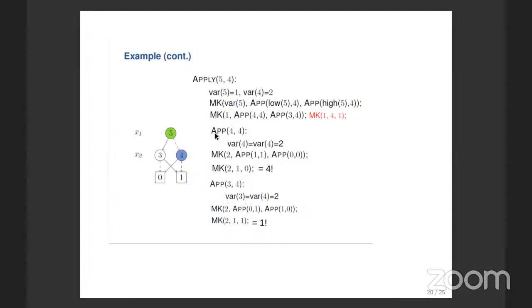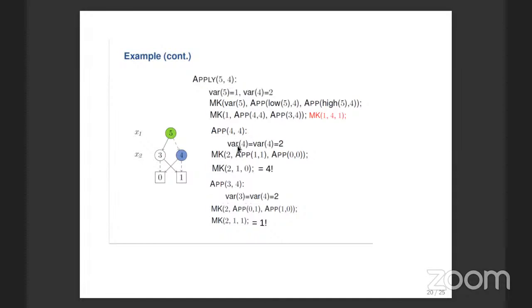Low of 5 is 4, unique ID 4, therefore this is app 4, and high of 5 is the BDD stored at node 3. Therefore, you get app 4 and app 3.4. Okay, that's what this simplifies to. And app 4.4 results in the following.